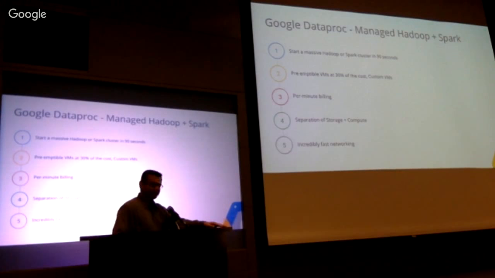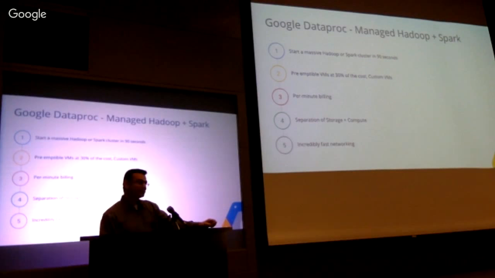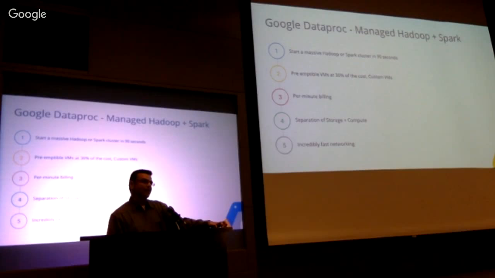Okay, no problem. If you're using Hadoop or Spark, one of the big problems that people have is managing your cluster at scale. Anytime you grow your cluster from a few nodes to tens of nodes or hundreds of nodes, you're going to run into a lot of problems in keeping the cluster up versus actually running your jobs on the cluster.